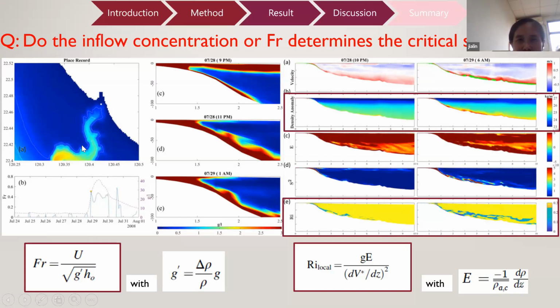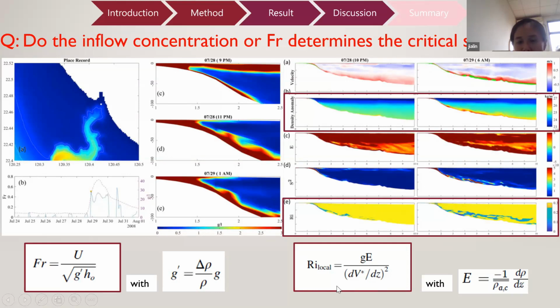So it seems there must be another criterion to determine the occurrence of the oceanic density current. So we utilize another parameter, the Richardson number, which is defined by the density gradient versus the turbulence strength.